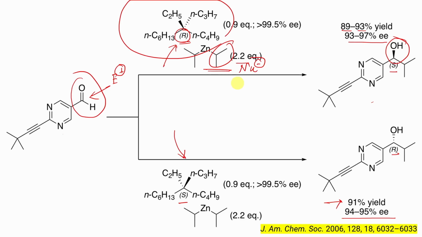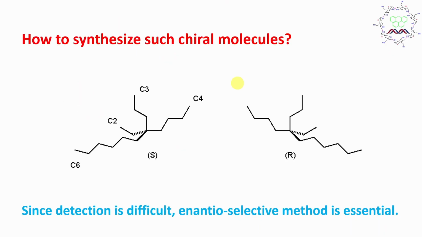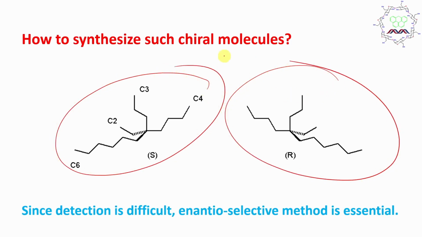It is a little different. So let's go about its synthesis. We are going to synthesize these two molecules, this one and this one. How? By an enantioselective method. Why enantioselective? Because if you do a common, simple synthesis from a parent achiral molecule and plan to synthesize one of the enantiomers, you cannot detect what the percentage or ratio is, because the optical rotation we use for this detection is very small.